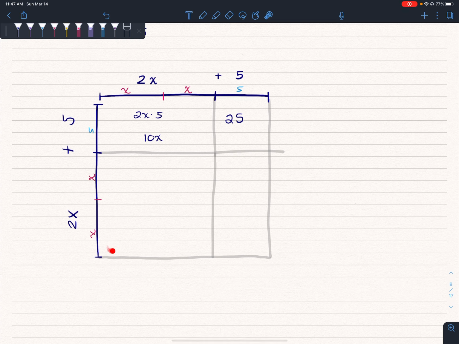In this nice perfect square, we have 2x times 2x, we get 4x squared. And then in this last section here, we have 5 times 2x, and we have 10x.